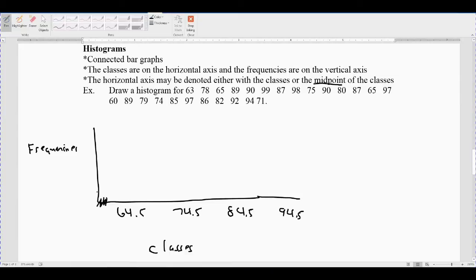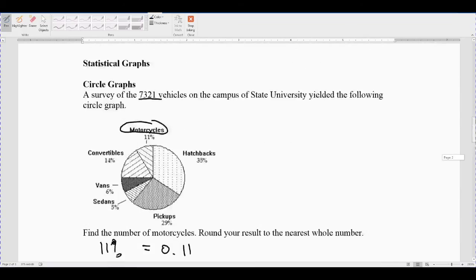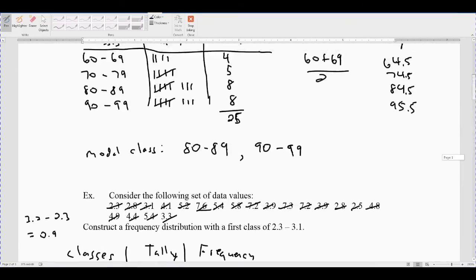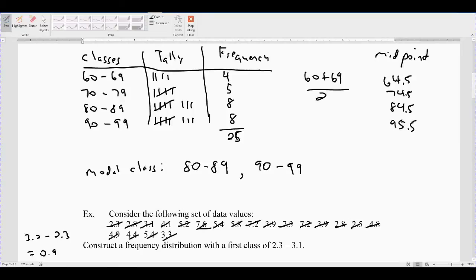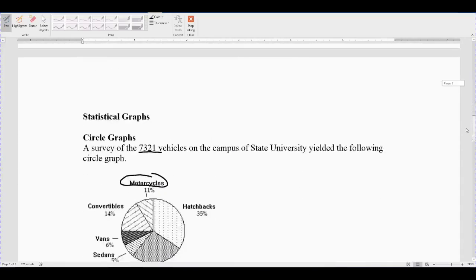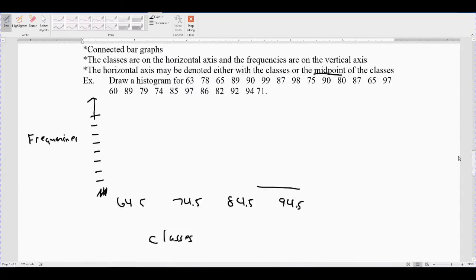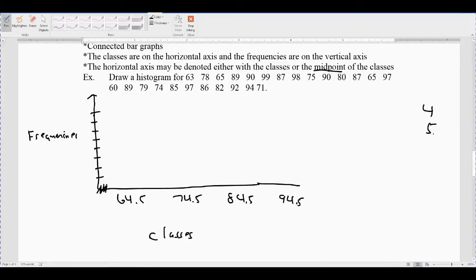Try to be as even as we can. 1, 2, 3, 4, 5, 6, 7, 8. So what are the values? 4, 5, 8, 8. So here we go. Run them over here. The frequencies are 4, 5, 8, 8.